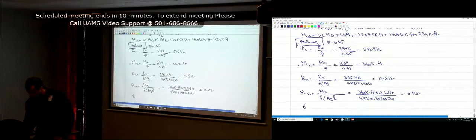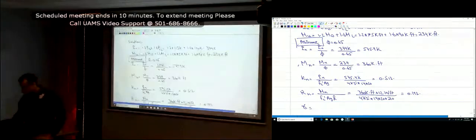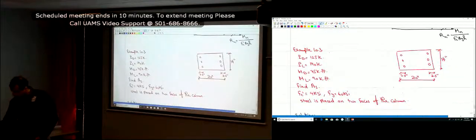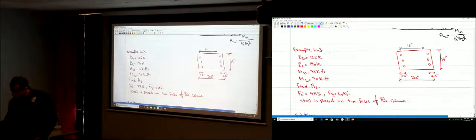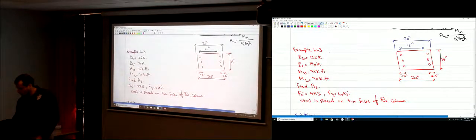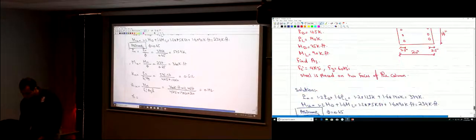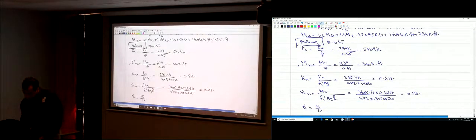Gamma is this distance, which is 15 inches, divided by this distance, which is 20 inches. So gamma is 0.75.